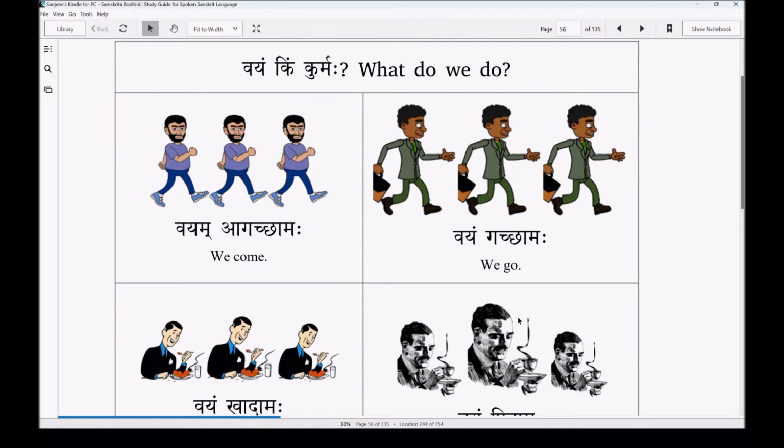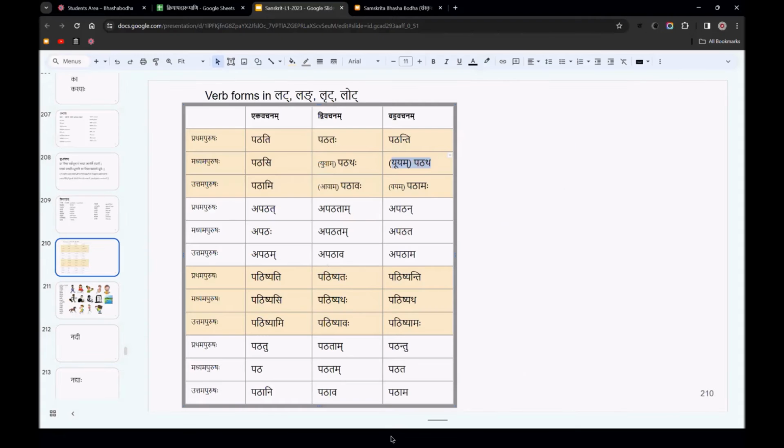Similarly with the Uttama Purusha form. Now, previously we saw aham pathami, aham gacchami, aham likhami, etc. Now this one is the Bahuvachana form of aham, which is vayam, and that verb form also will change to the Bahuvachana form. Like vayam gacchamah. Gacchami becomes gacchamah. Aham gacchami, vayam gacchamah. Same thing which is shown here in the Uttama Purusha form.